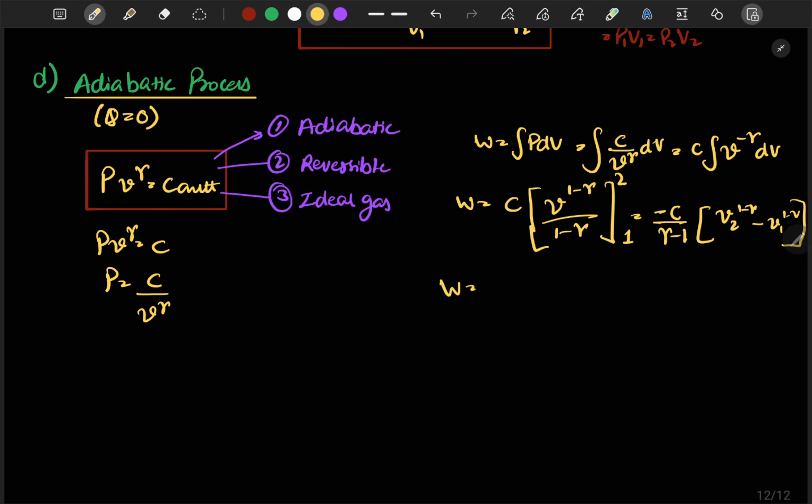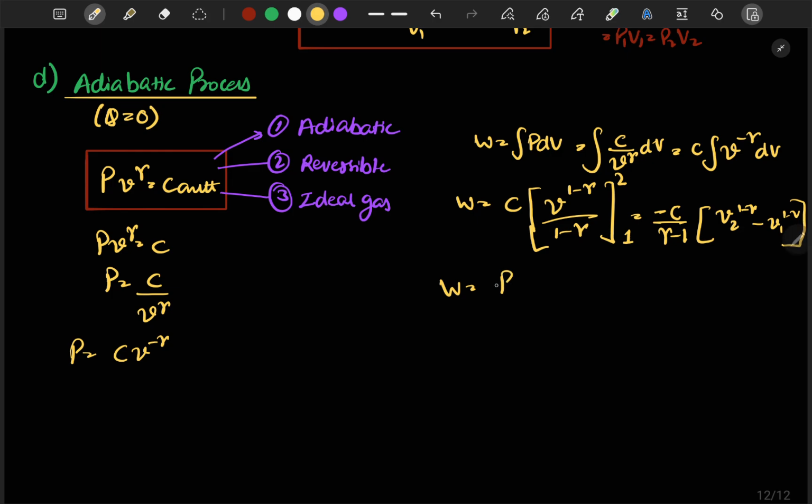Sorry, we can put c is equal to P V to the power gamma. So I can write p is equal to c v to the power minus gamma. Wherever there is c times v to the power minus gamma, we can write it in terms of p.